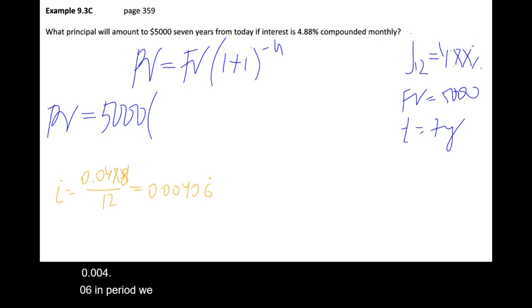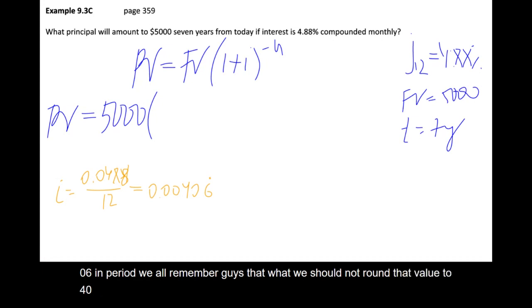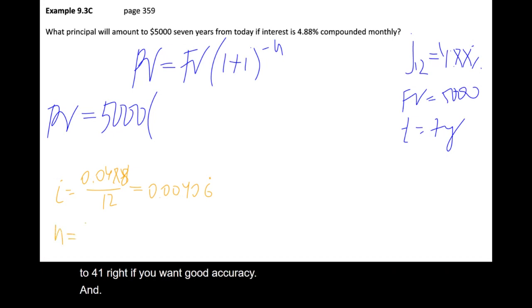We all remember, guys, that we should not round that value to 41, if we want good accuracy. So n is 7 times 12, which is 84.